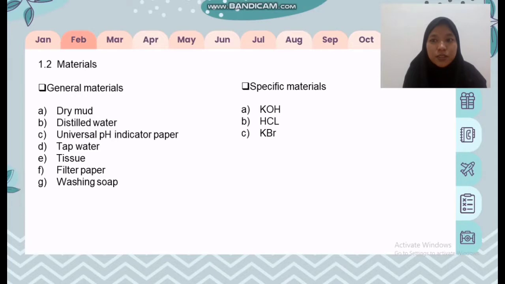The next is materials. General materials are dry mud, distilled water, universal pH indicator paper, tap water, tissue, filter paper, and washing soap. And specific materials are NaOH, HCl, and KBr.